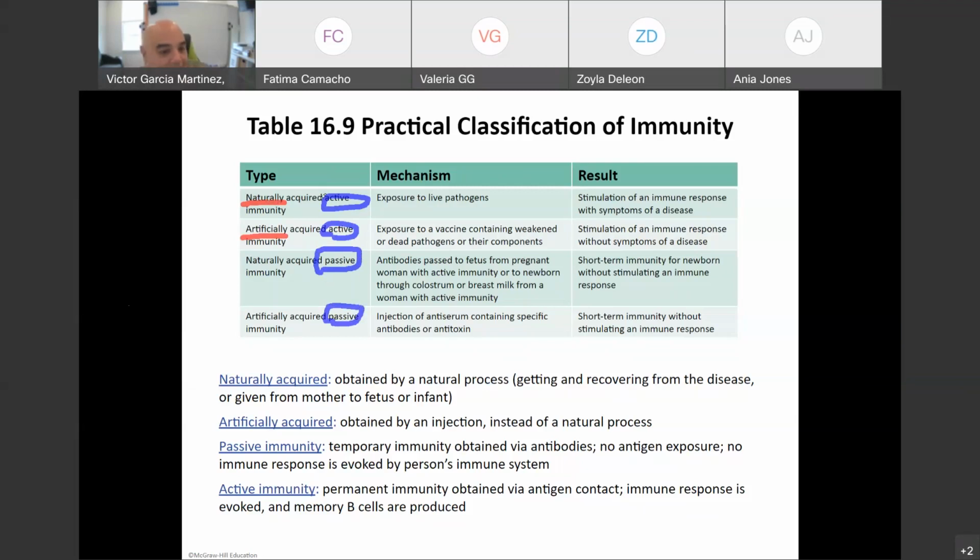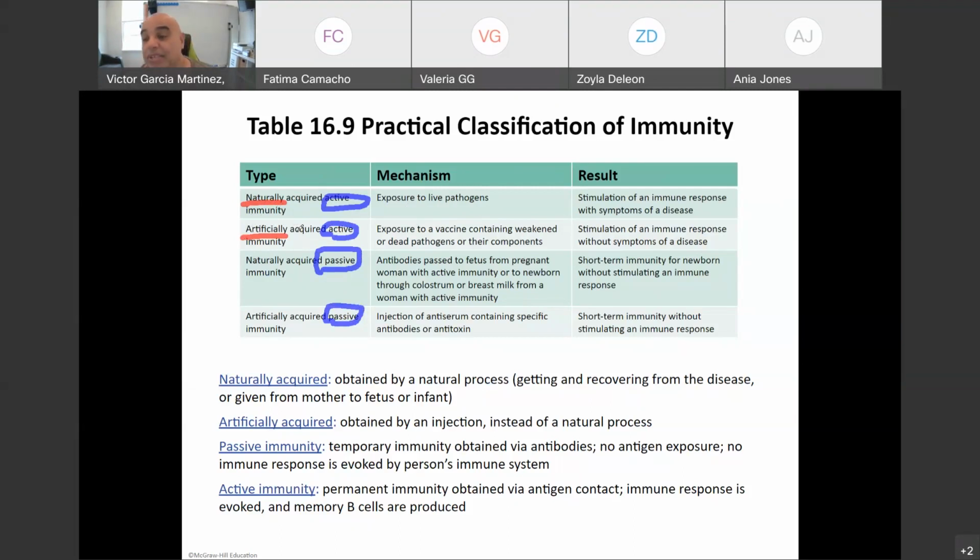Then we have natural active, which is going to be the exposure to a disease. For example, if you suffer chickenpox, you're going to be immune forever to chickenpox. If you don't suffer the disease but receive the germs artificially, that is an example of a vaccine.